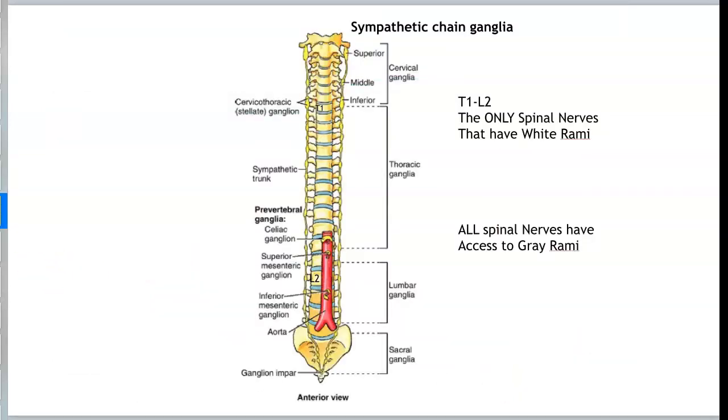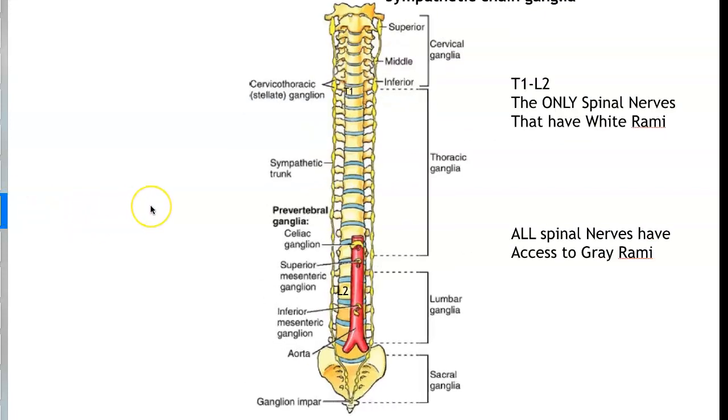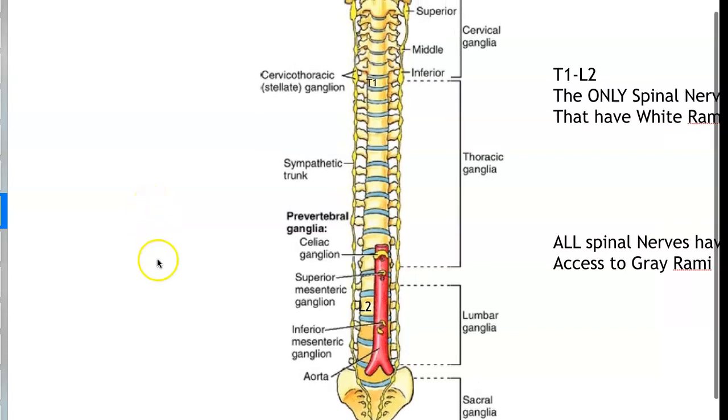So let's have another look at these ganglia so you can figure out where they are. Here is the sympathetic chain ganglia. You can see these bulges. These bulges correspond to every single spinal nerve on both sides. They're a little bit different in the cervical region, but basically just think of them as connecting to every single spinal nerve.